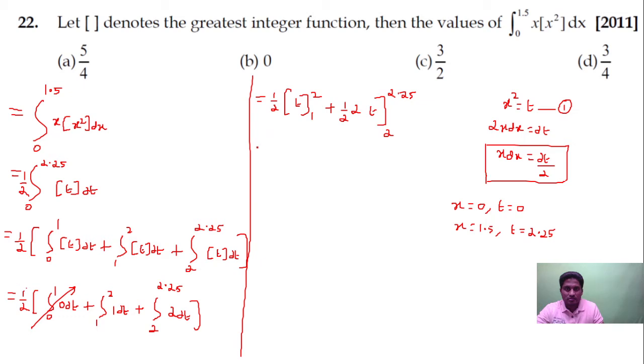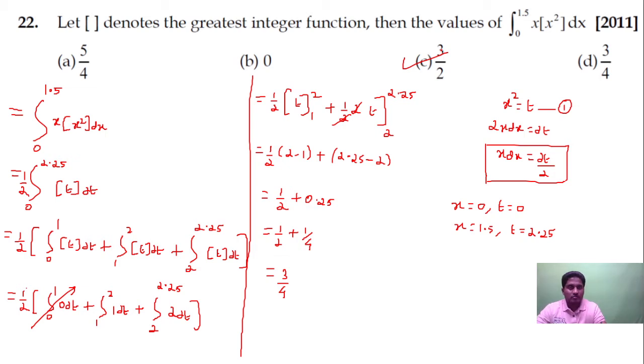So this is half of upper limit minus lower limit: 2 minus 1, plus 2 into 2.25 minus 2, which is 0.25. So 1 upon 2 into 0.25 plus 1 is 1 by 2 into 3 by 2, so the answer is 3 by 4. Answer is option C.